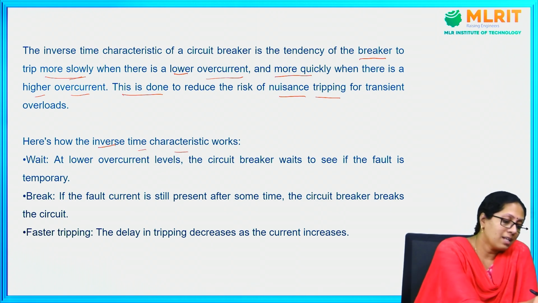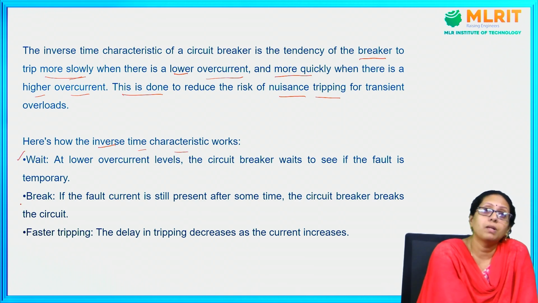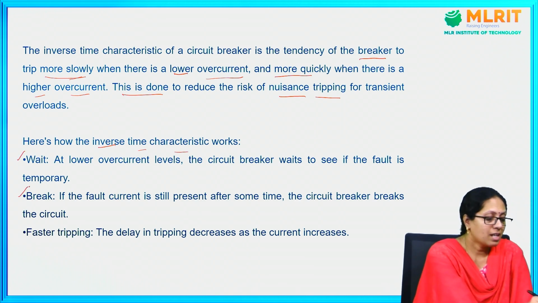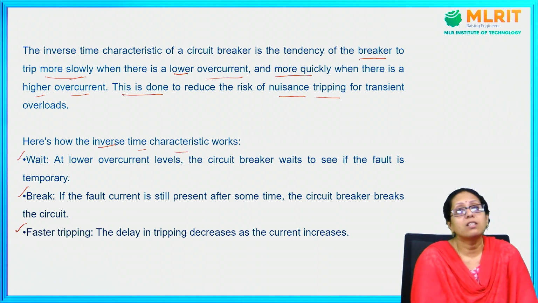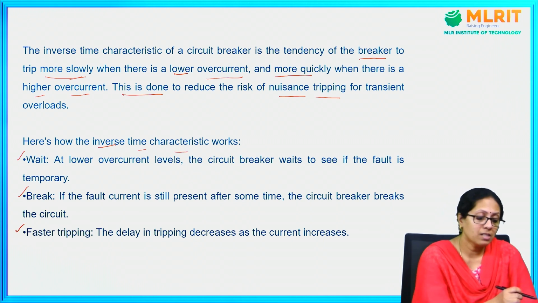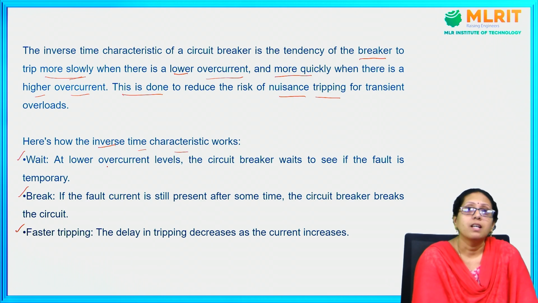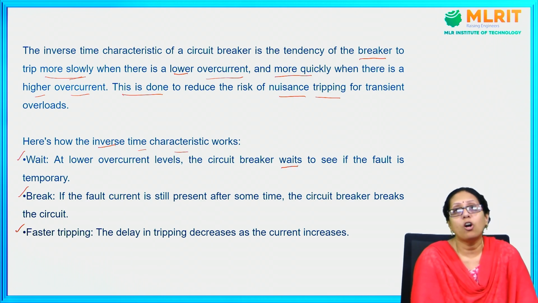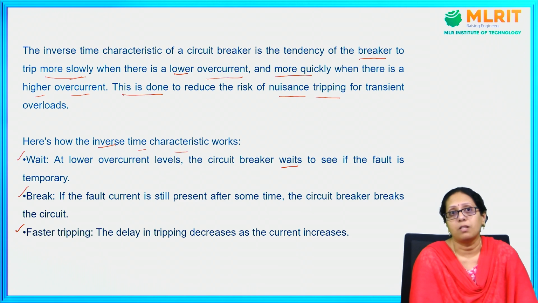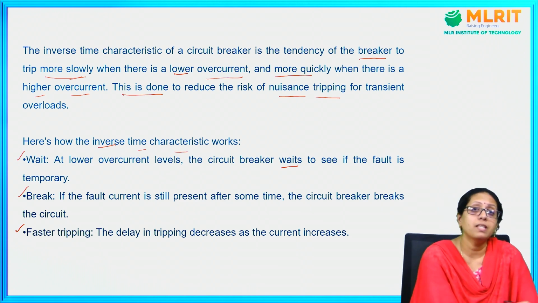Here is how the inverse time characteristics works. It mainly has 3 steps. First step is wait, second step is break, third step is faster tripping. Wait means at lower overcurrents, the circuit breaker waits to see whether the fault is temporary or permanent. Second step is break.